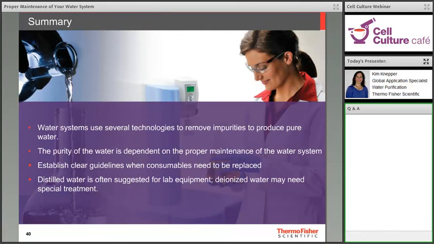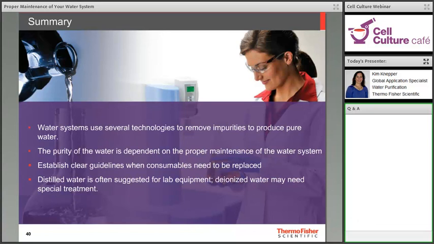So in summary, tap water or central pretreated water systems may contain impurities that could interfere with growing tissues and cells in critical lab applications, or cause deposits on instruments or glassware. Water systems use several technologies, including filters, membranes, cartridges, and UV lights, to remove the impurities in the water.